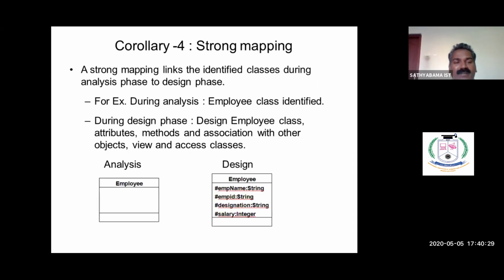The fourth corollary is strong mapping, a strong mapping with the previous object-oriented analysis. In the analysis phase, we identified the candidate classes, and we need to map them at the design stage. There must be a strong link between the analysis phase and design phase.